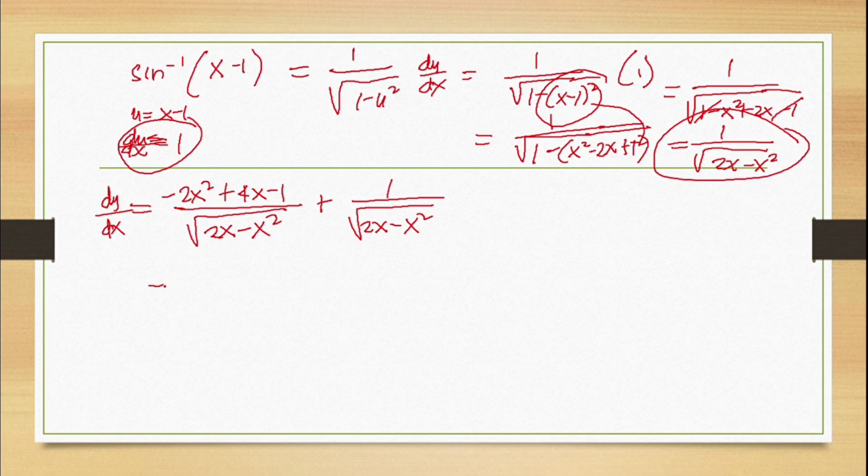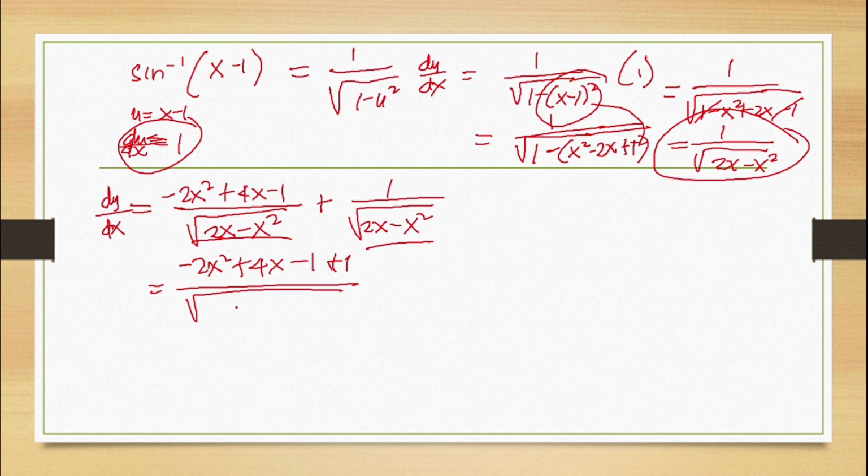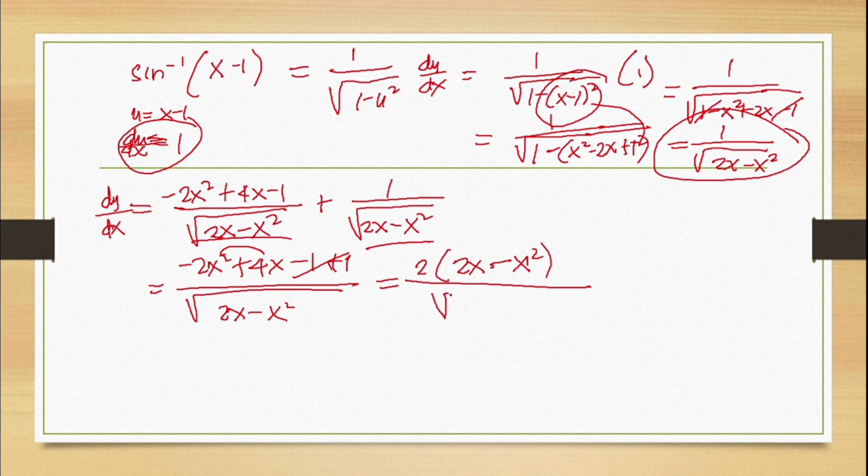Combining, since they have the same denominator, we have negative 2x squared plus 4x minus 1 plus 1, over the square root of 2x minus x squared. The 1s cancel. We can factor this also: 2 times (2x minus x squared), if we rearrange this part, over the square root of 2x minus x squared.